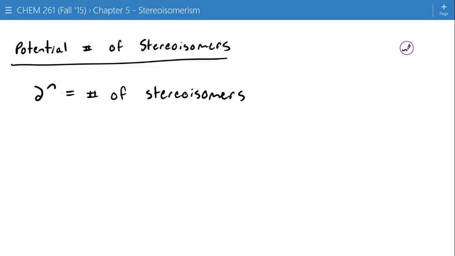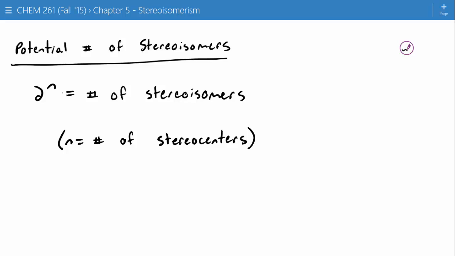And n in this case equals what? Yeah, number of stereocenters. So in this case, n equals your number of stereocenters. But the thing to watch out for is some of these stereoisomers may be mesocompounds and they may be identical. But this is the most potential stereoisomers you can get out of a molecule.